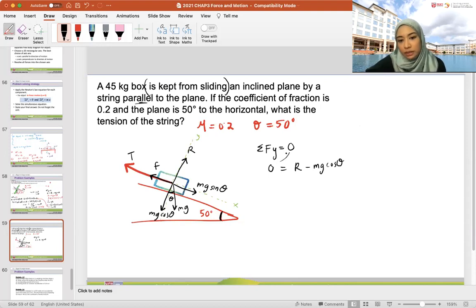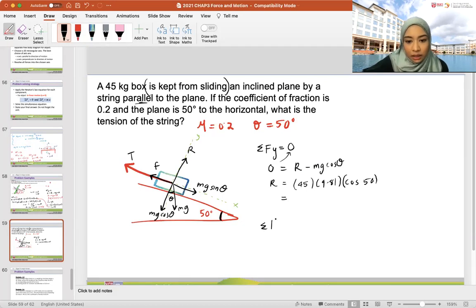Mana datang 0 ni? Datang dari sini lah. We are writing the Fy equation. Okay, and then we know what is mg cosine theta. R is equal to 45 times 9.81 cosine 50. Okay, don't know what that is. Can someone calculate that for me?